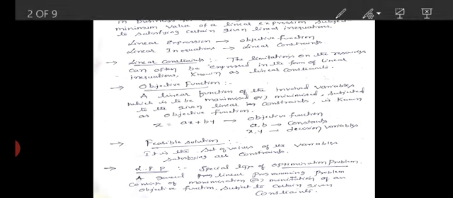Understood? Next, what is a feasible solution? It is the set of values that satisfies all the constraints; then it is called a feasible solution. Then what do you mean by linear programming problems? See, linear programming problems are always optimization problems.